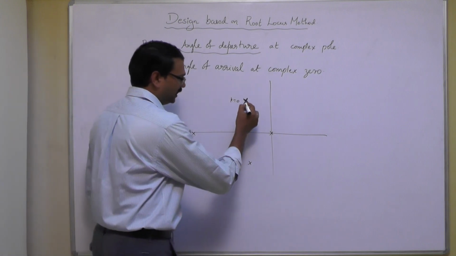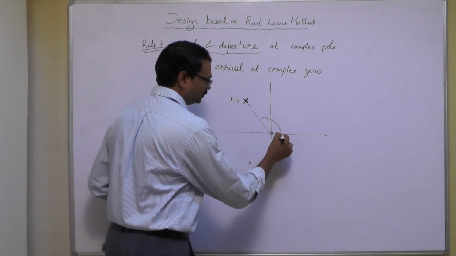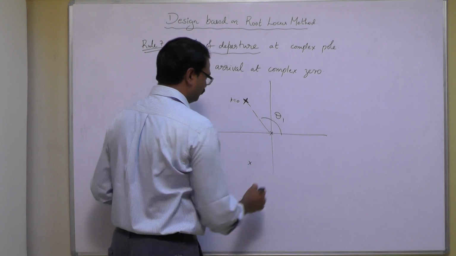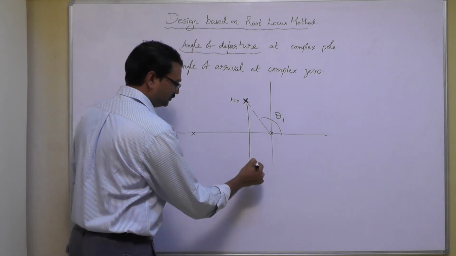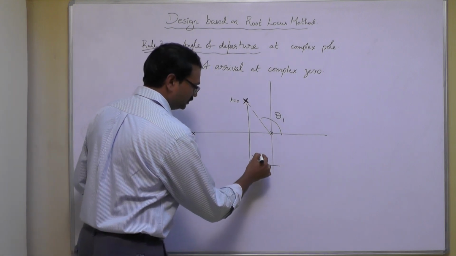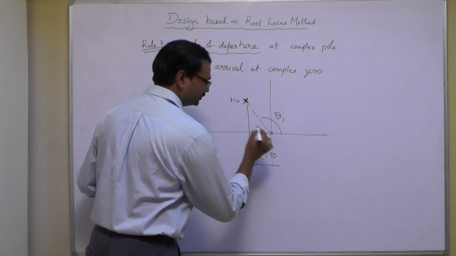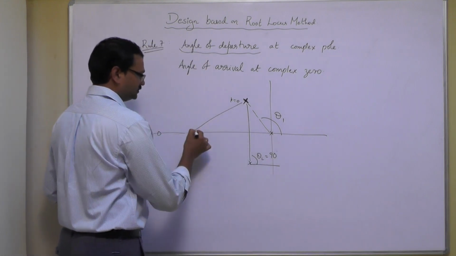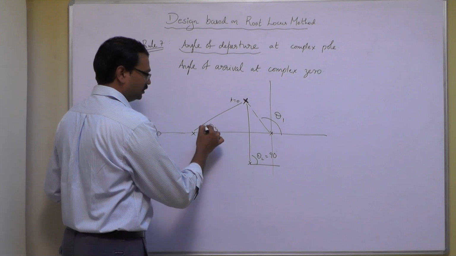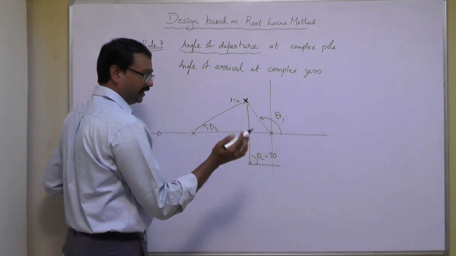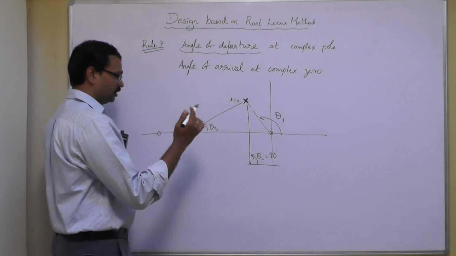Now find the angles. Let me say theta 1. This is theta 2, which should be equal to 90 degrees. And this is theta 3. Now consider the anti-clockwise direction to be positive.